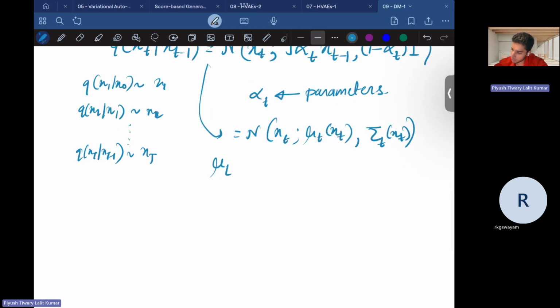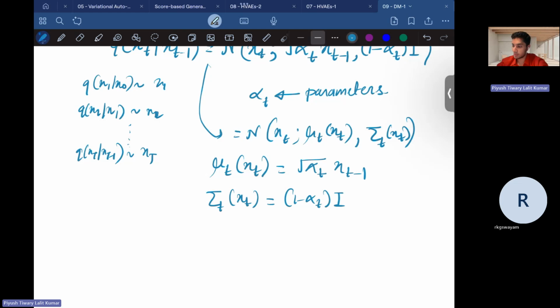The mean parameter mu t of xt is nothing but root of alpha t xt minus 1, and sigma t of xt is nothing but 1 minus alpha t I. This is just another way to write the same thing. That's all. Nothing fancy.